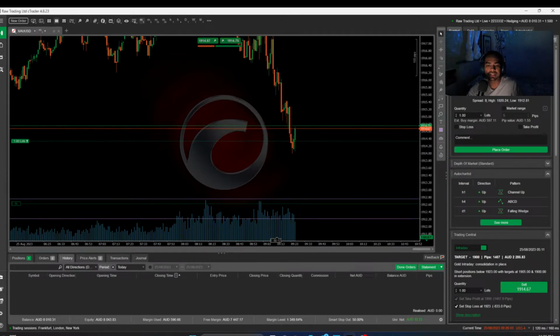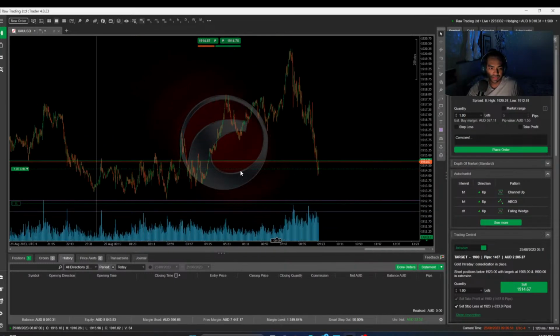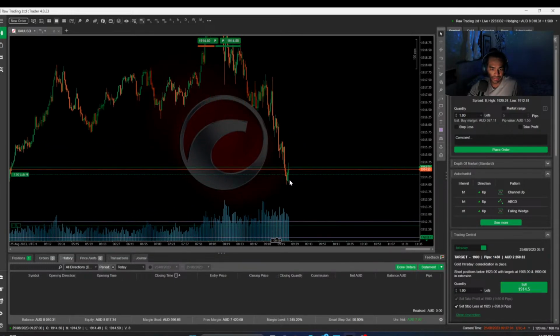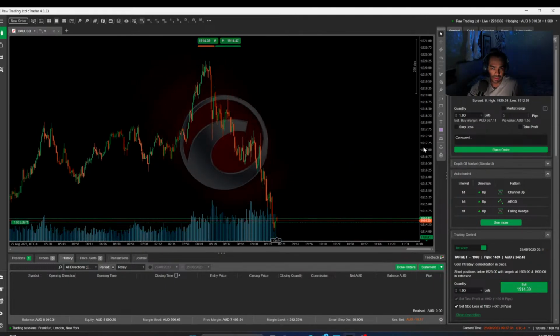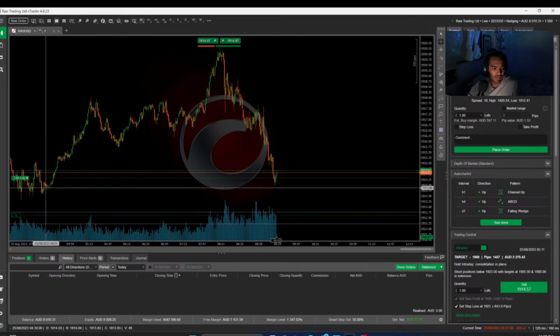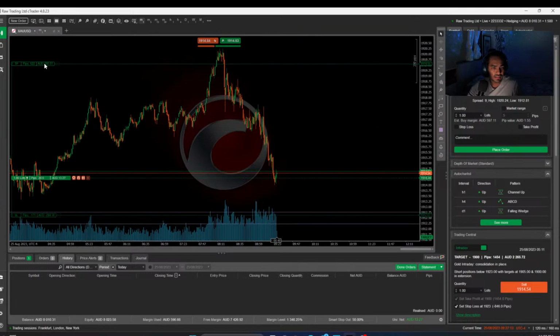Yep, the price is moving up. Price is reacting to around this level because this level has been our supply zone. So my guess is there's a high probability that price is gonna reverse back and go toward this previous high. Sorry, TP is gonna be around 1960.